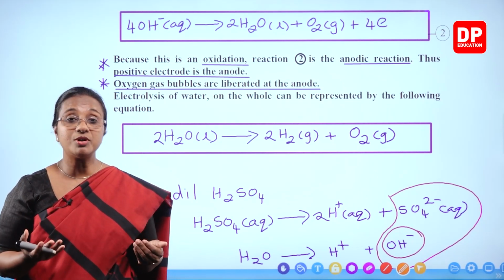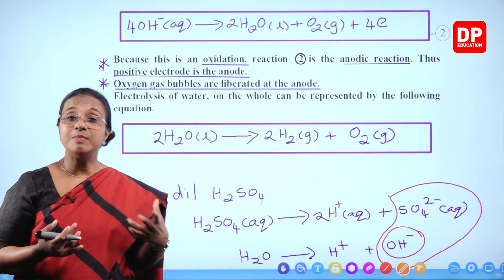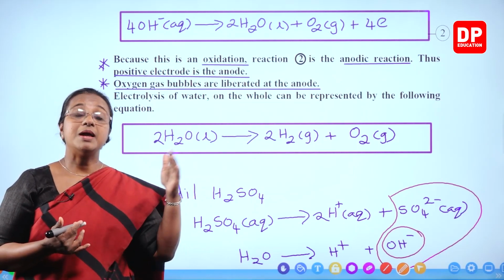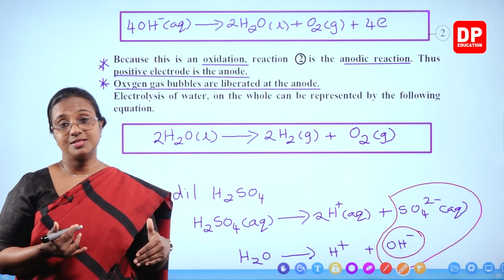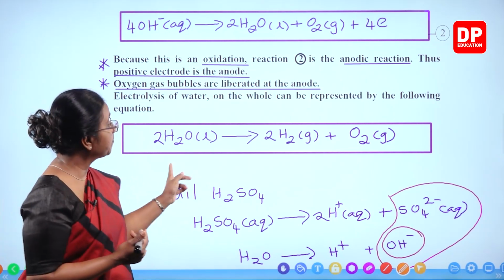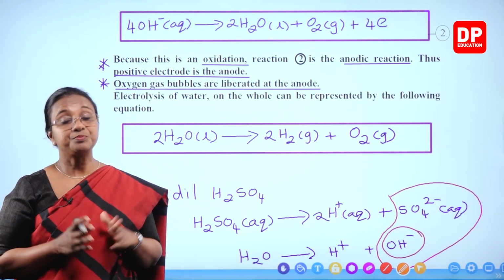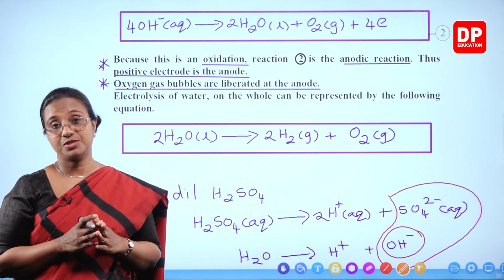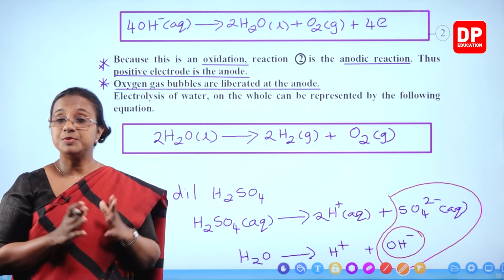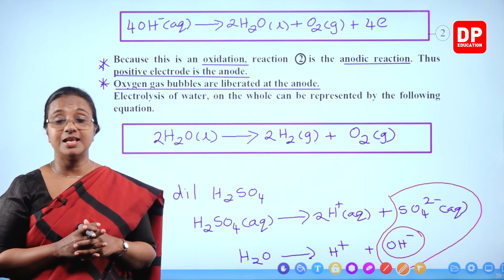It is a non-spontaneous reaction. You can't make it happen easily. But by supplying electricity in an electrolytic cell, we make this happen. So that is the process of electrolysis. I am sure you all can understand that.